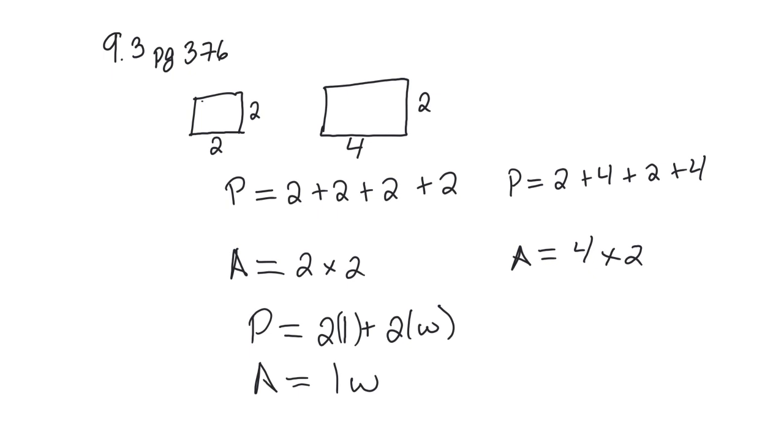Now I'm going to show you for a triangle in case you forgot. Okay, so let's say now we have a triangle. And I'm just going to label these sides A, B, and C. Now, if I wanted to find the perimeter, remember perimeter is just adding up all the sides.